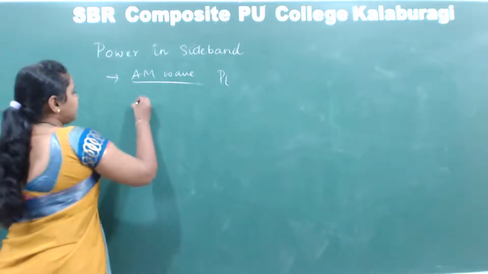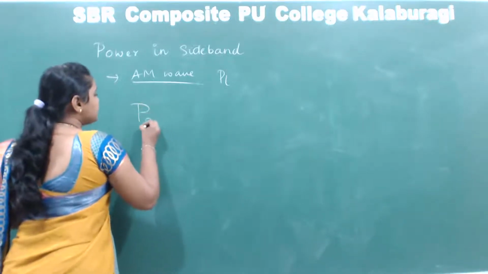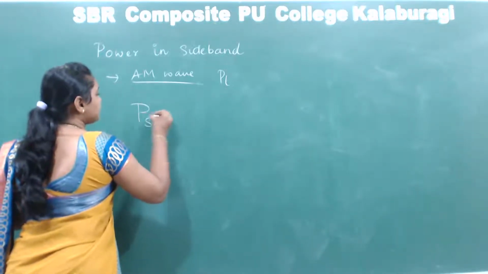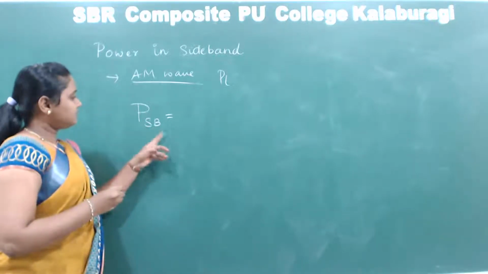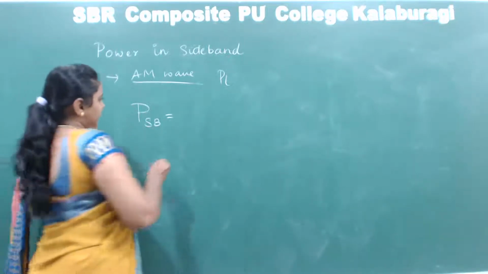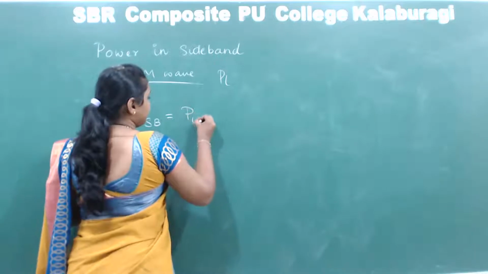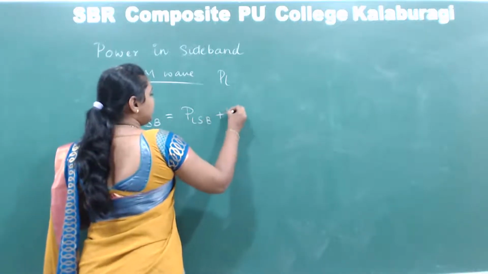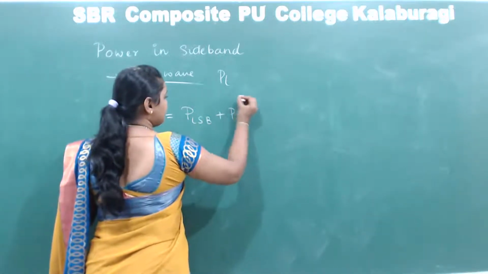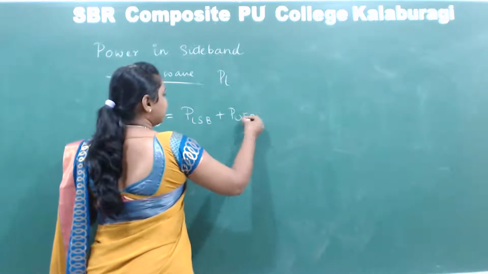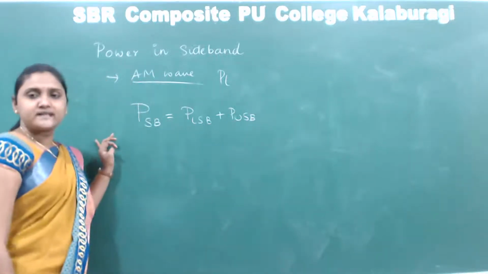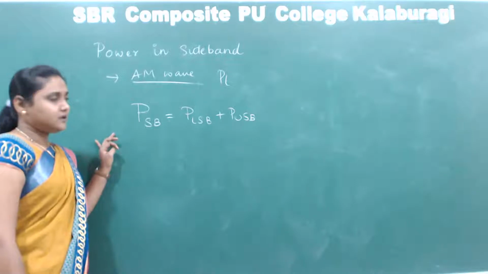Okay, and the sideband power is written as PSP, sideband power, PSP, which is PLSP plus PUSP, that is power in the lower sideband and the power in the upper sideband.